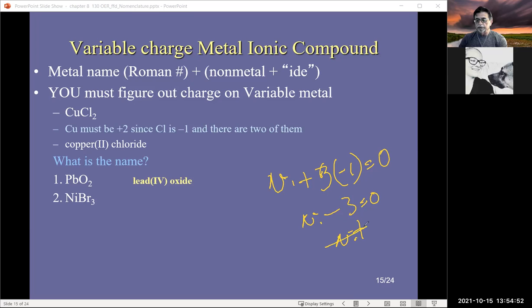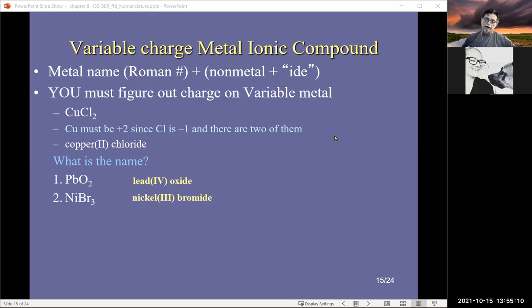Nickel has to equal +3, and so therefore it's Ni, parentheses, Roman numeral 3. I didn't spell it out, I just did the symbol, but you can spell it out. Nickel, Roman numeral 3. Okay.